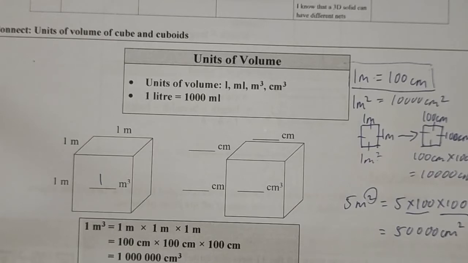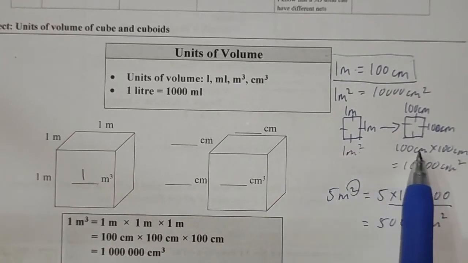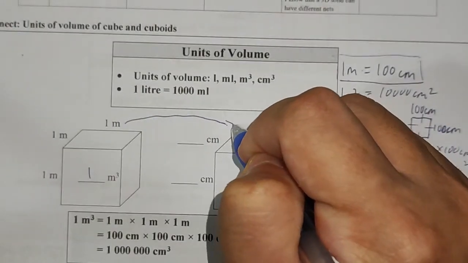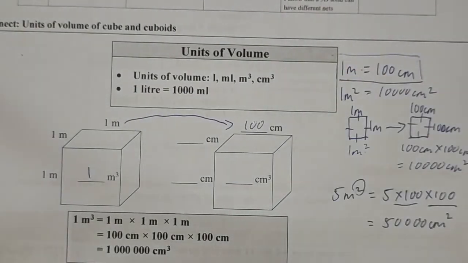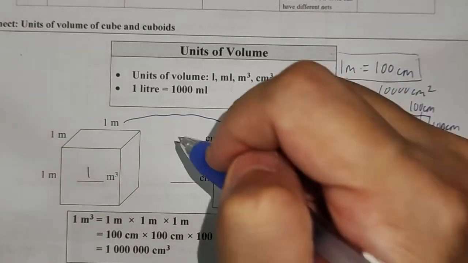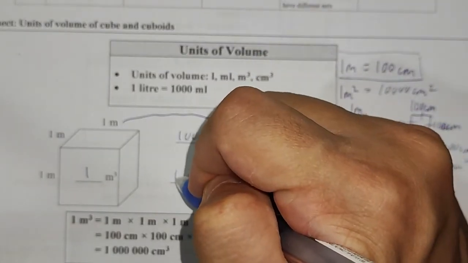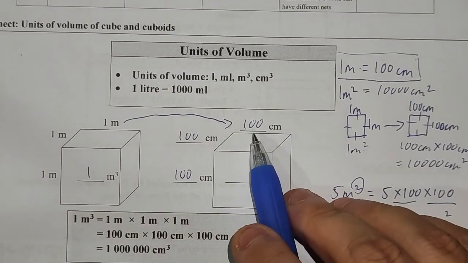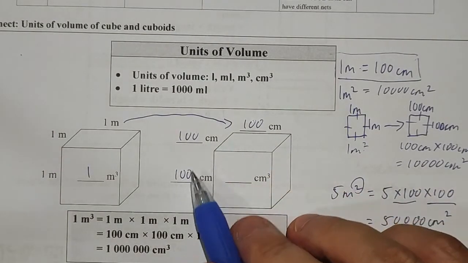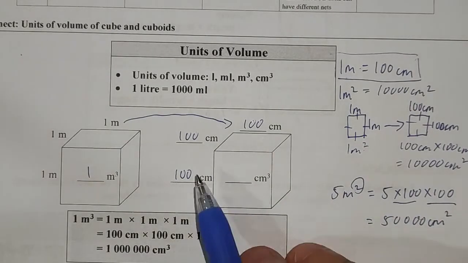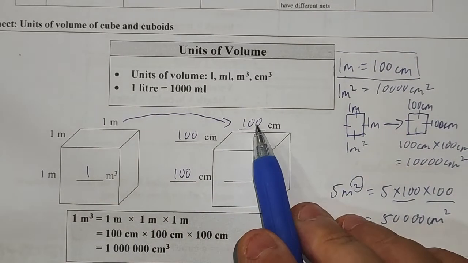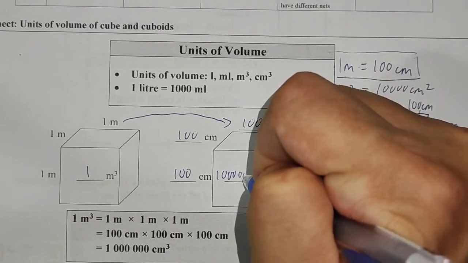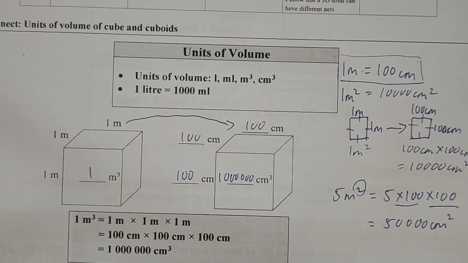Using the same principle as the area, this 1 meter converts to 100 centimeter, and the same with the other two sides. Then it's simply 100 times 100 times 100. In total there are 6 zeros, 2, 2, 2. So 1 followed by 6 zeros, which is 1 million.